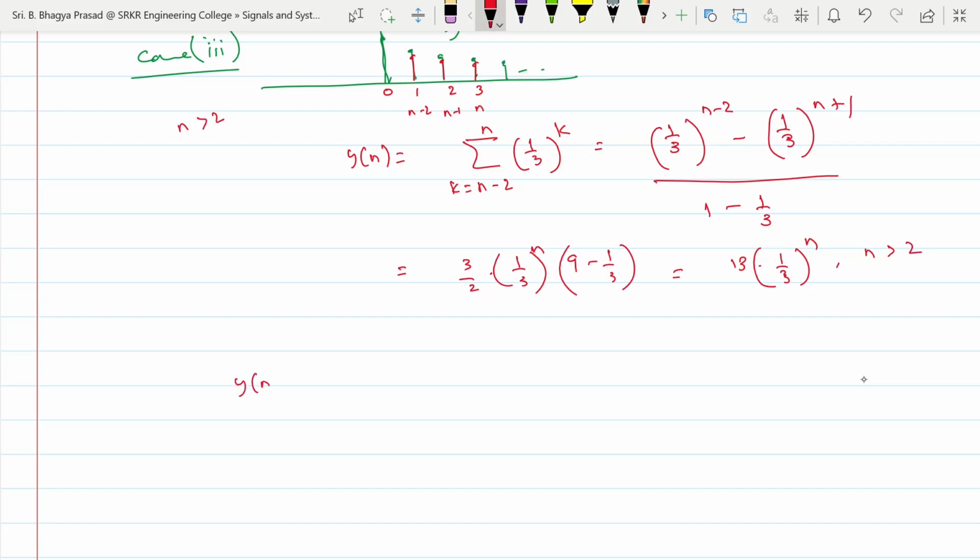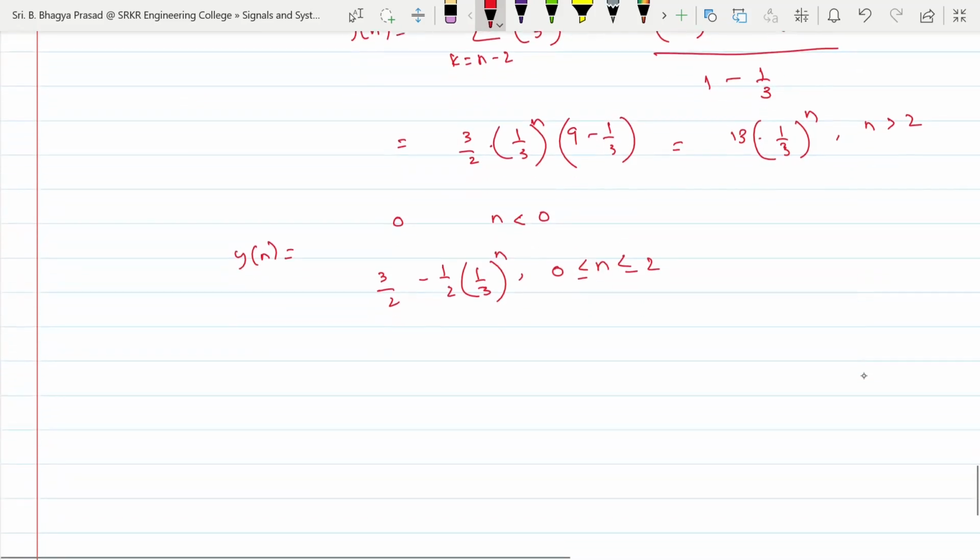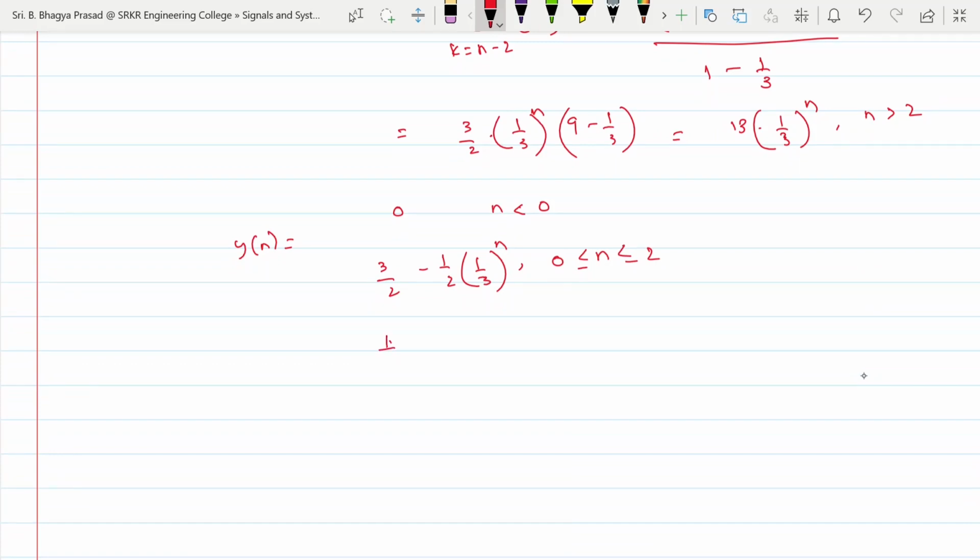So y of n is 0 for n less than 0, and 3 by 2 minus 1 by 2 times 1/3 power n for n between 0 and 2, and the last expression, 13 1/3 power n, for n greater than 2.